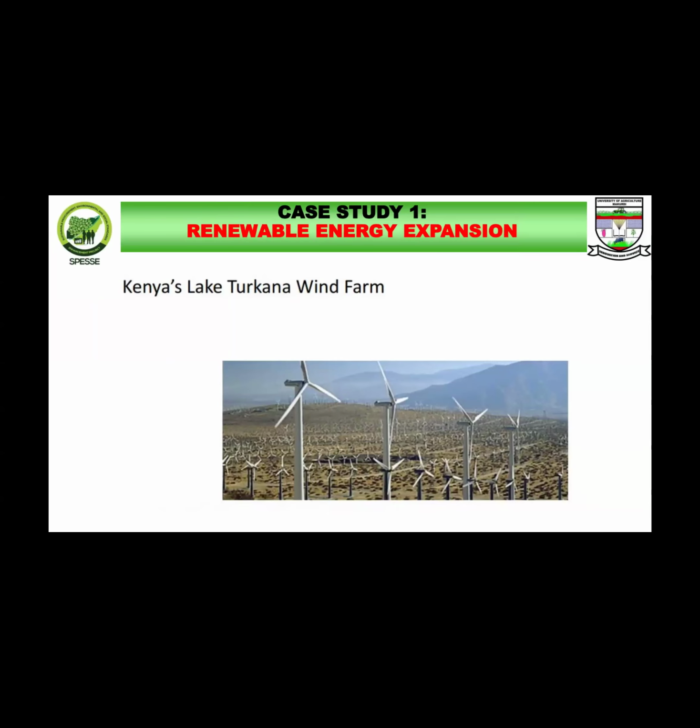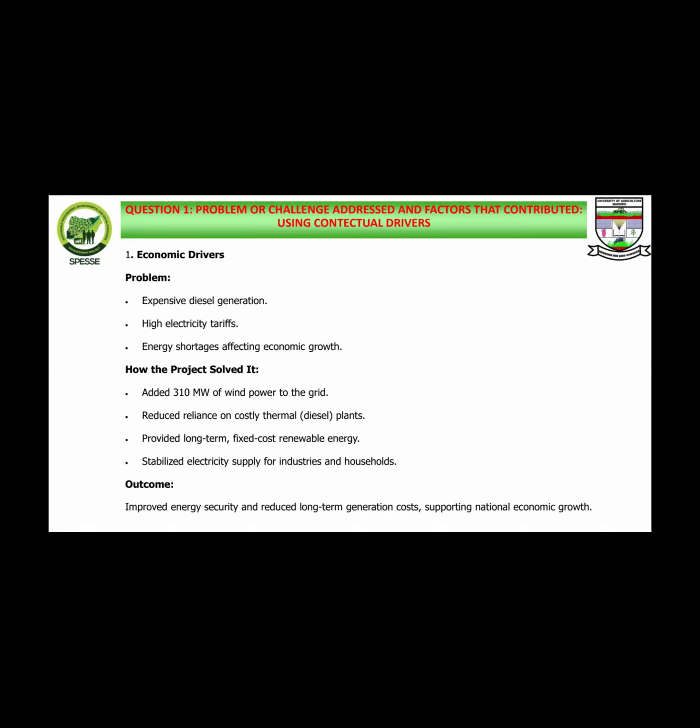Next slide, please. Our question is the problem or challenge addressed and factors that contributed, using contextual drivers and key economic drivers. The problems we find are expensive diesel generation, high electricity tariffs, and energy shortages affecting economic growth.